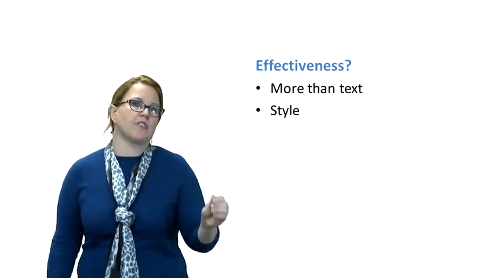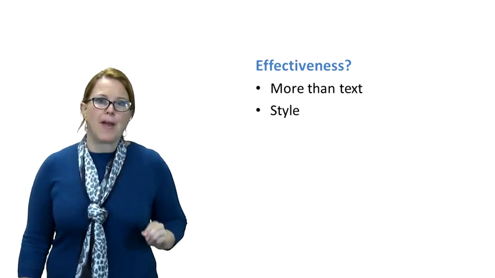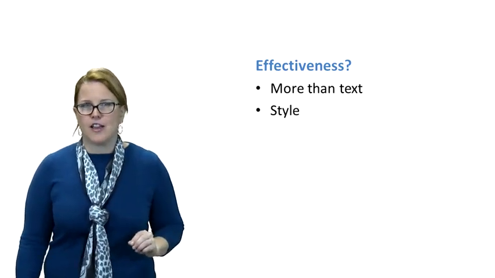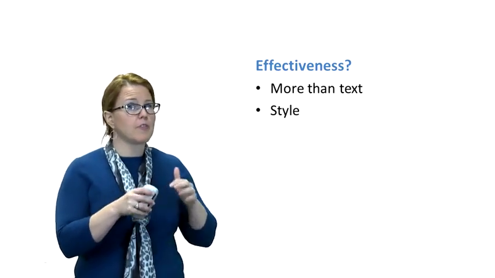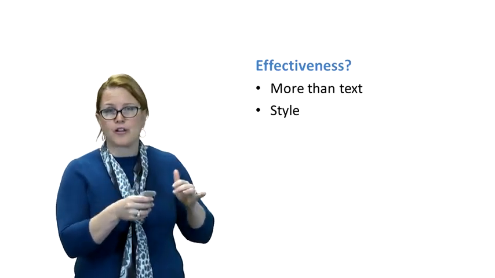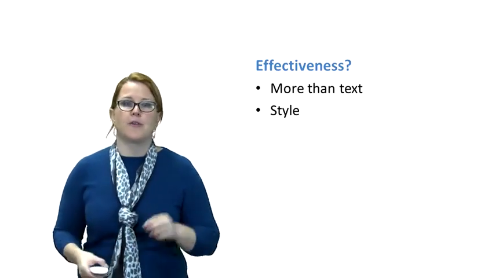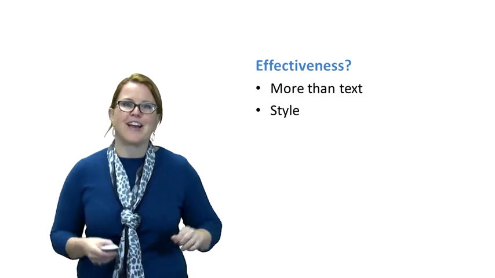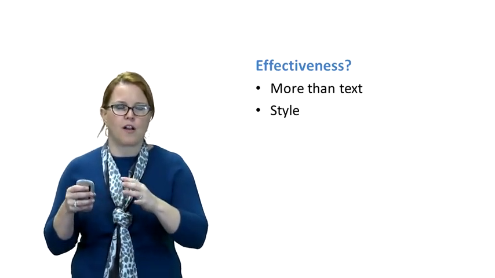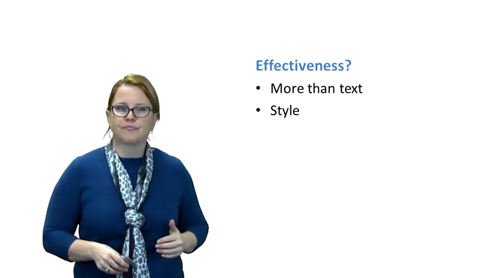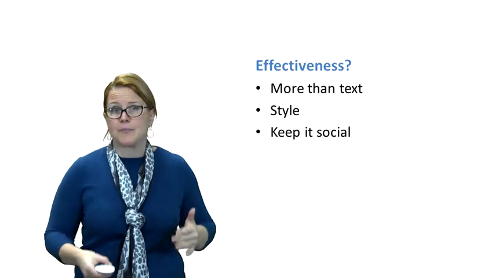And you want to make sure that the use of that technology matches the style of that technology. So it makes sense in a Facebook environment to maybe have more thoughtful, multimedia-rich posts. In a Twitter environment, it's short, 140 characters or less comments, and that might make more sense in a question-answer or a brainstorming session.